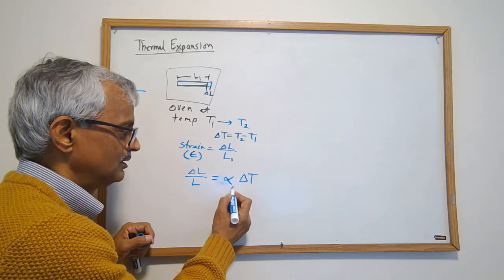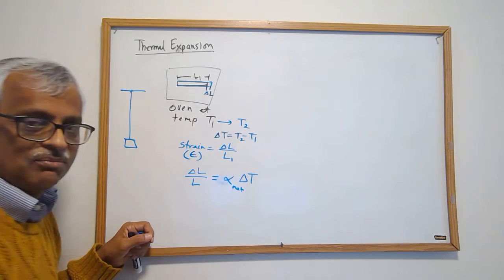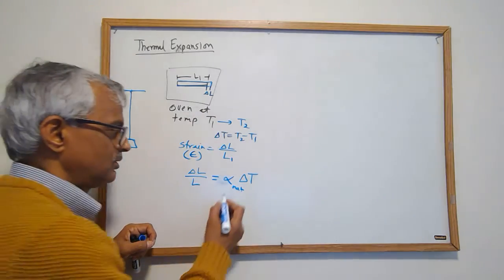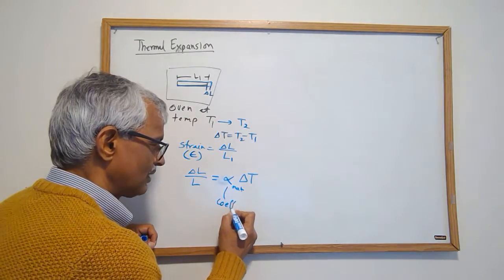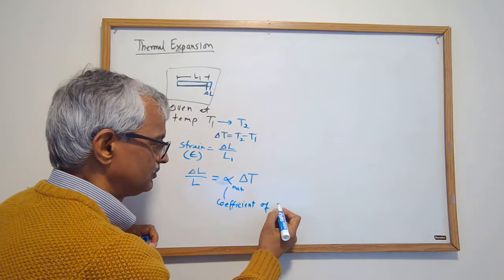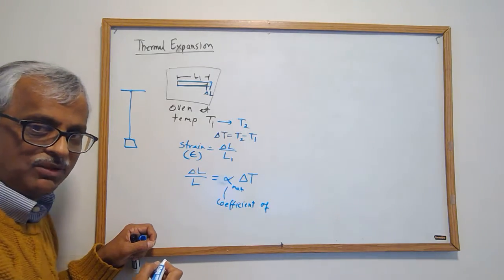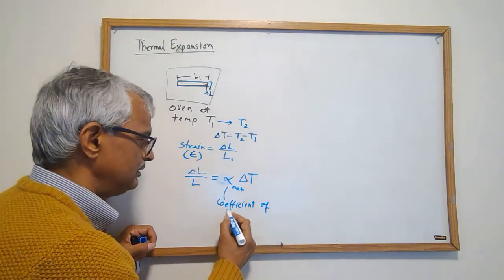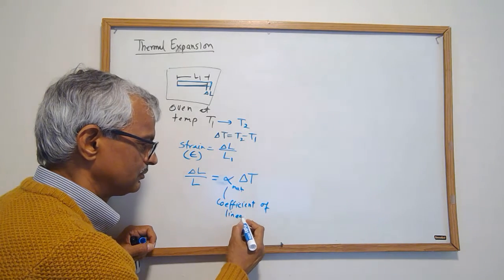So this is a material-dependent coefficient of expansion, called the coefficient of thermal expansion. And we are doing length only, so it's called linear thermal expansion.